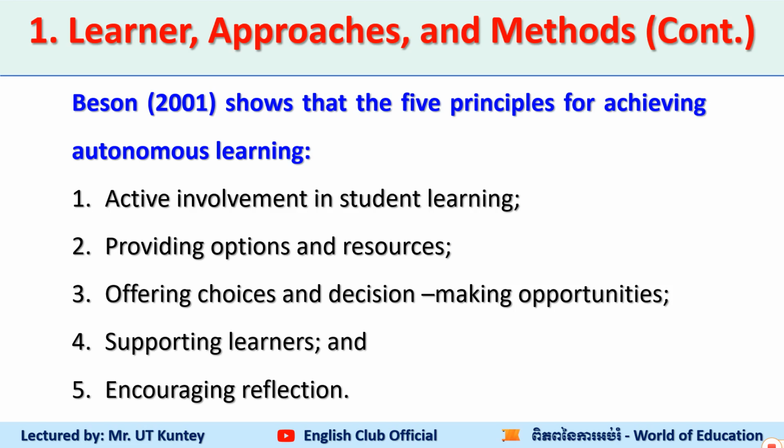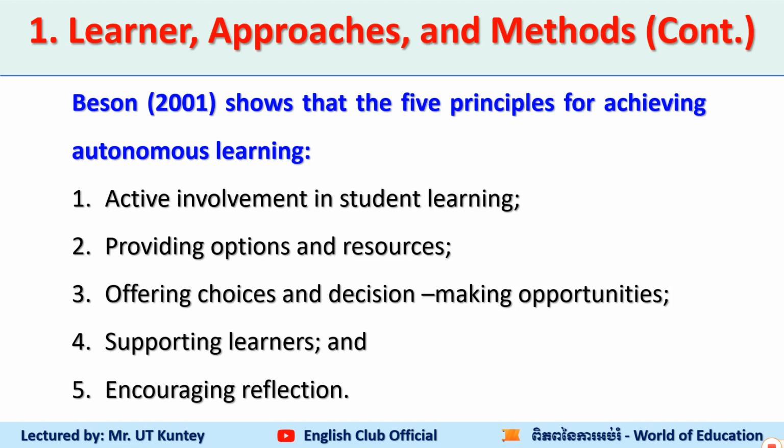Number two, providing options and resources. When we start learning, you have to provide any options, any choices, and any resources to the student in order to get the student to adapt to his or her learning. Number three, offering choices and decision-making opportunities.